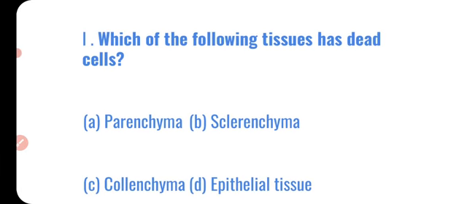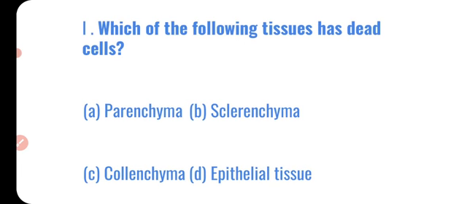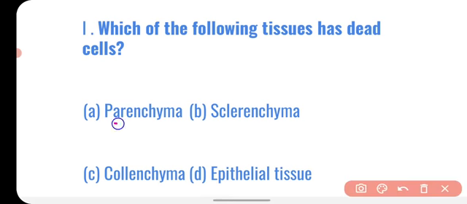The first question is, which of the following tissues has dead cells? So we studied about the plant tissues, and from the given options you have to opt the type of tissue which has dead cells. The options are parenchyma, sclerenchyma, collenchyma, and epithelial tissue.